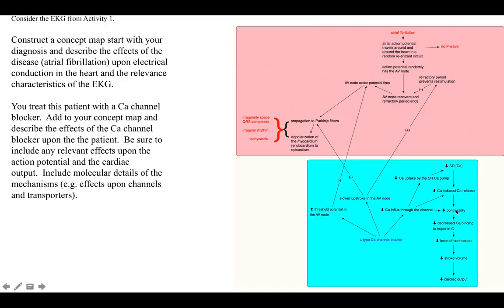That also makes less calcium to bind to troponin C and decreases contractility, decreased force of contraction of the cardiac muscle, that decreases stroke volume, decreased cardiac output. So that's a side effect as well.